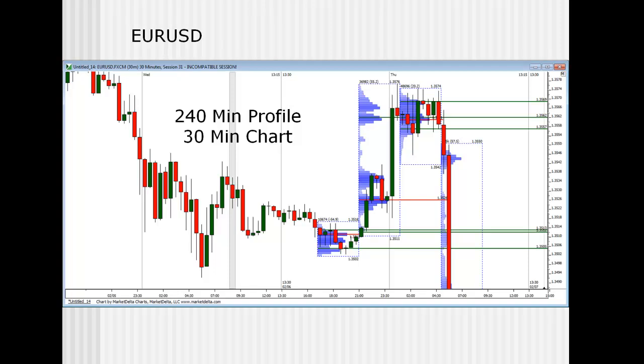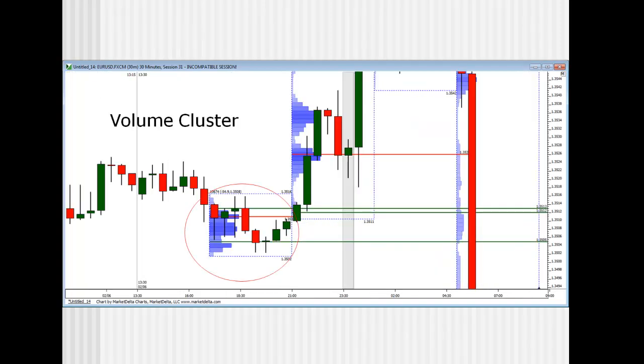These are not different sessions in this case. These are just different 240-minute periods for the euro US dollar. Now, let's take a look at how we want to trade them and how we're going to use the 240 2-hour advantage.